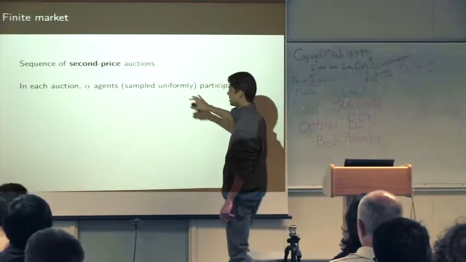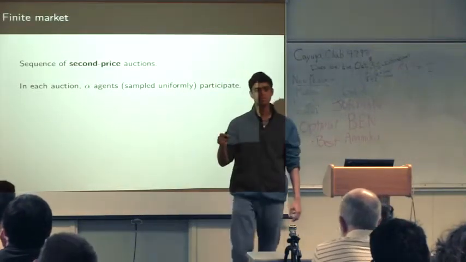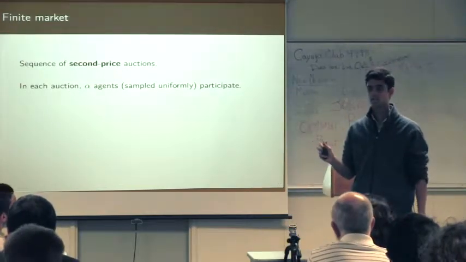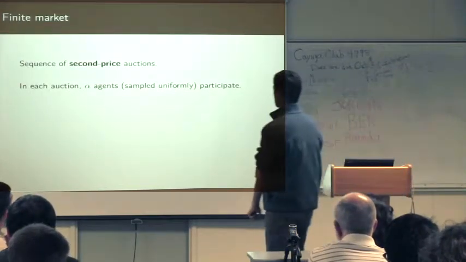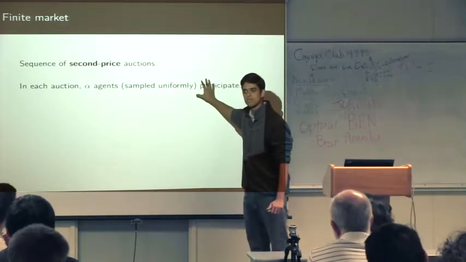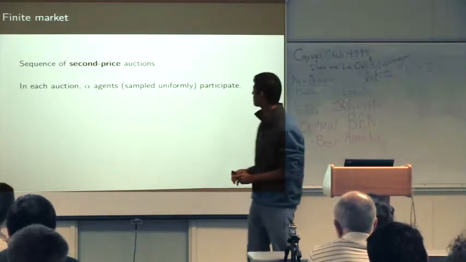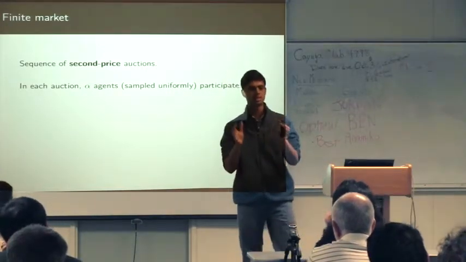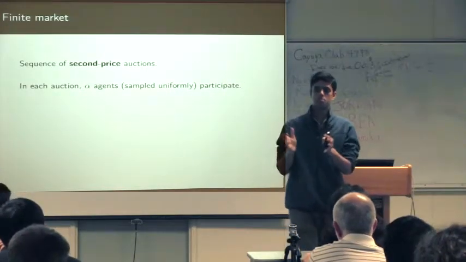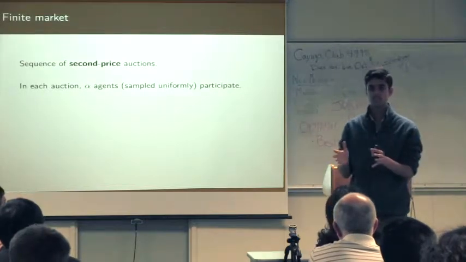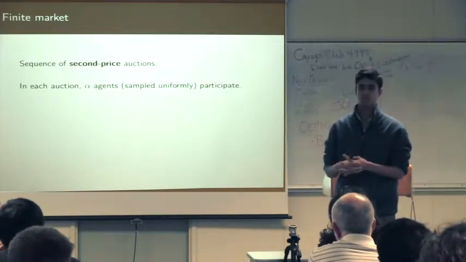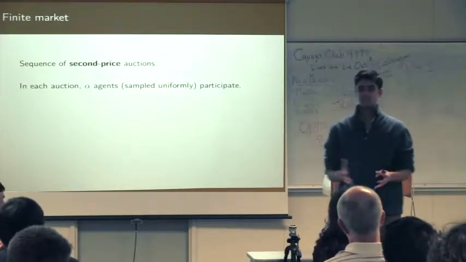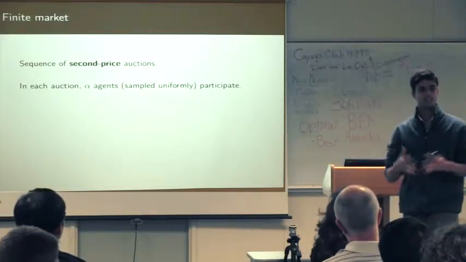So I assume that in each auction, alpha agents are randomly sampled from the population, uniformly and independently. There are many assumptions in this statement, so let me unpack it. First of all, we assume that in each auction, participation is restricted to a small subset of the agents. This is natural because even in practice, not all advertisers participate in each and every auction.